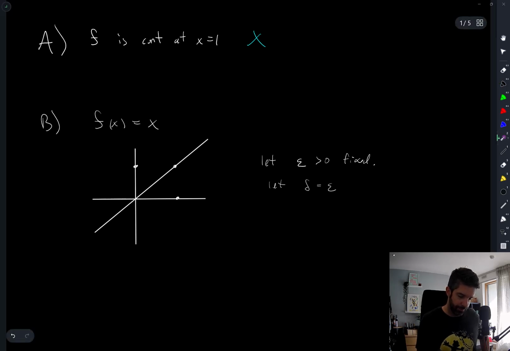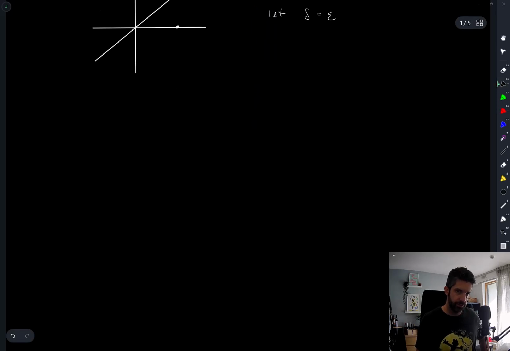Right? If x is farther away, then the function is farther away. So this is not the right answer, because we can find a continuous function which satisfies this.